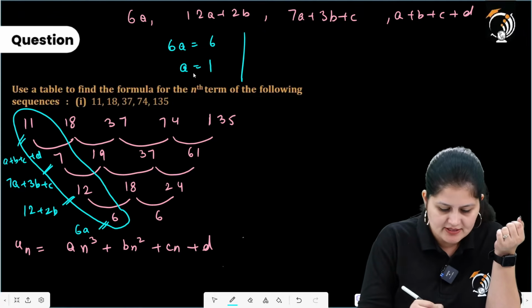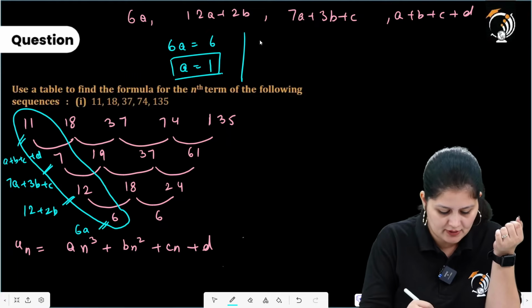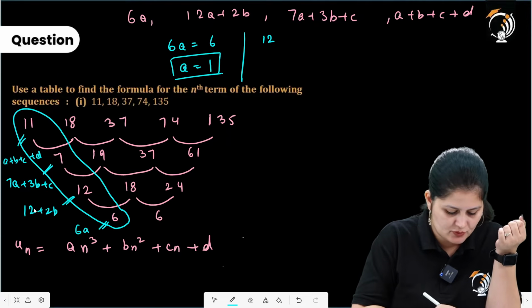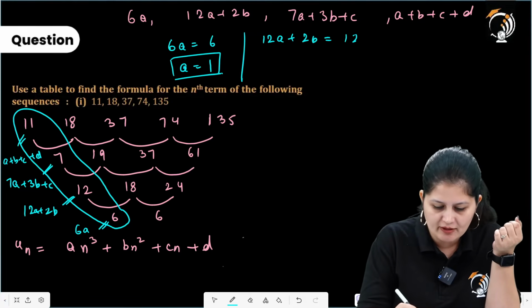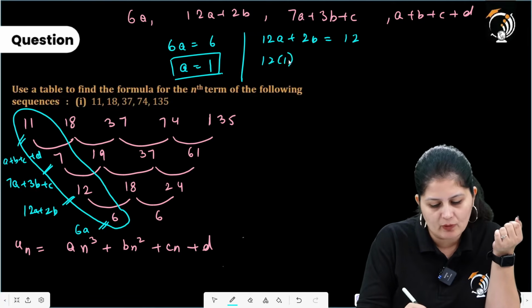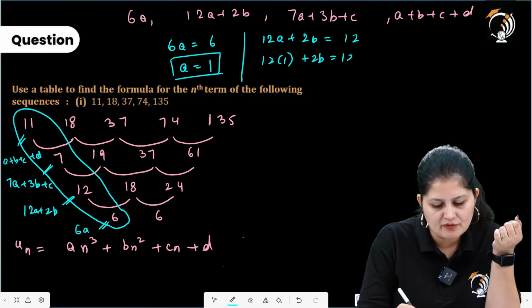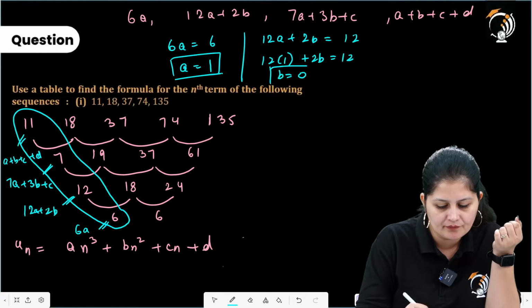Further, we will put a box around it. Now 12a plus 2b is equal to 12, so 12 multiplied by 1 plus 2b is equal to 12, so we are getting b is equal to 0.